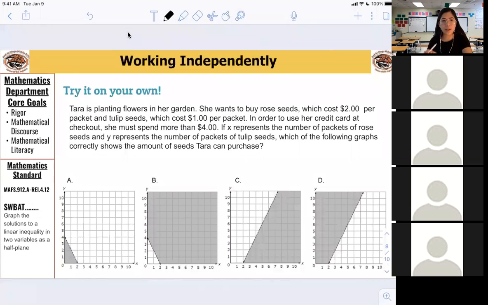Okay. In order to figure out the correct graph, I need an inequality. So who can give me the inequality for this problem? What is the inequality?